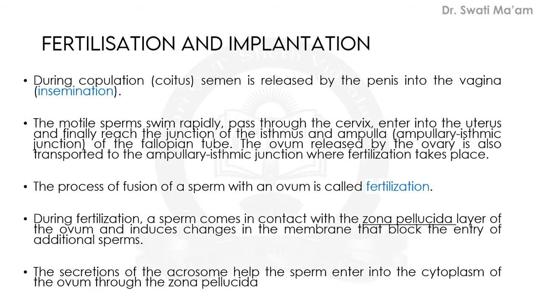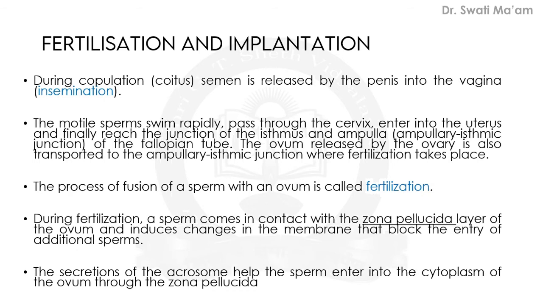If fertilization doesn't occur, the ovum is released as such, the corpus luteum is formed, and the menstrual cycle repeats. So here we are considering the ovum that is fertilized by a sperm. Now what happens next? Let us discuss.